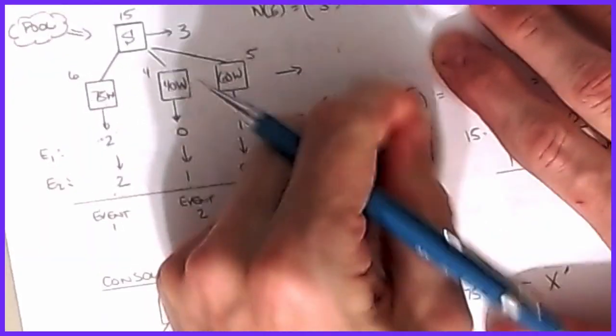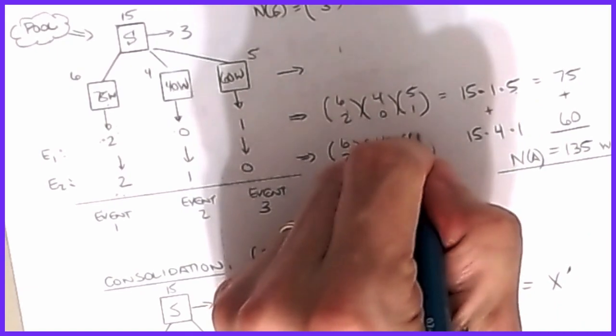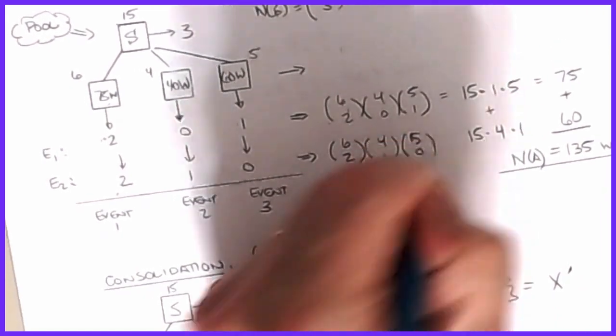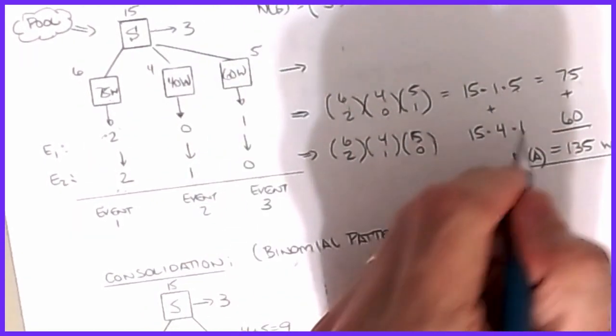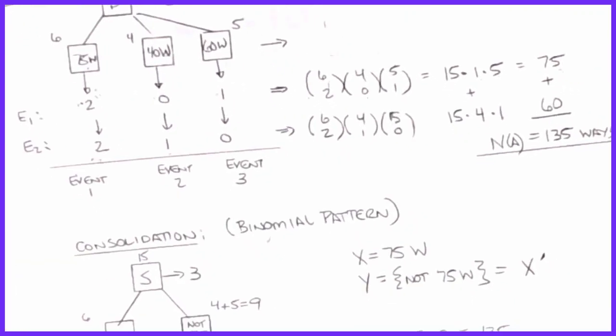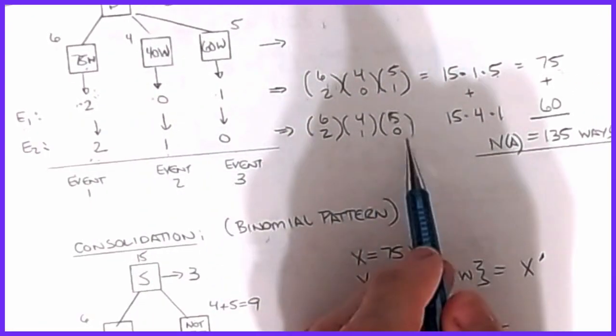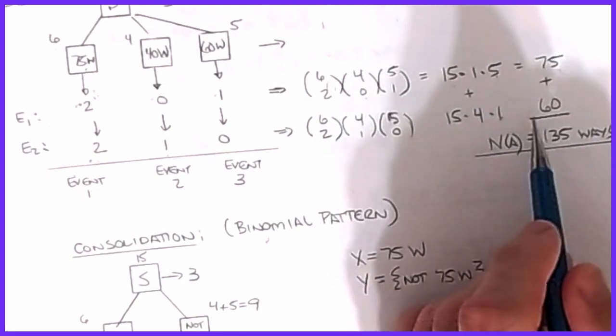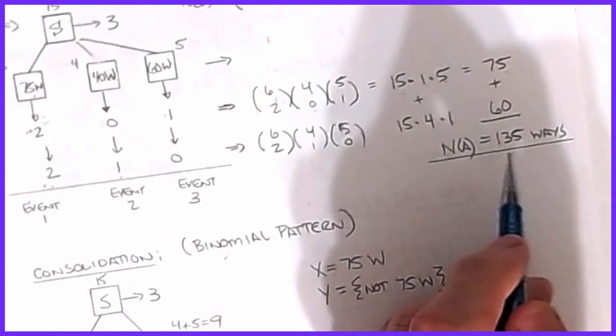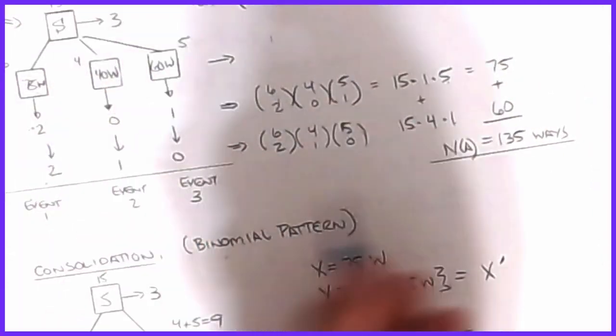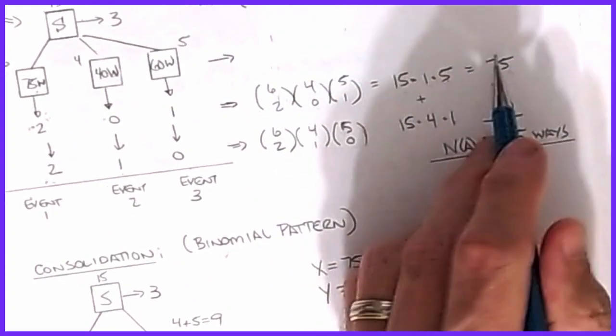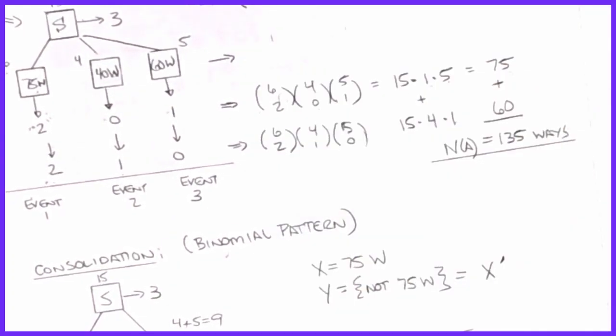Let's clean that up. 0 on 5 is still 1, so my math is still correct. So 6 on 2, 4 on 1, 0 on 5: 15 times 4 times 1 gets me 60 ways. And then to get the number of ways of my event A, I just add up 60 plus 75, or 135 ways.